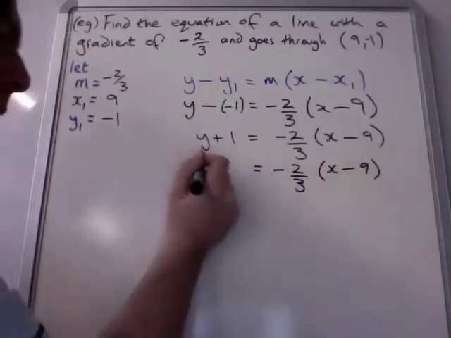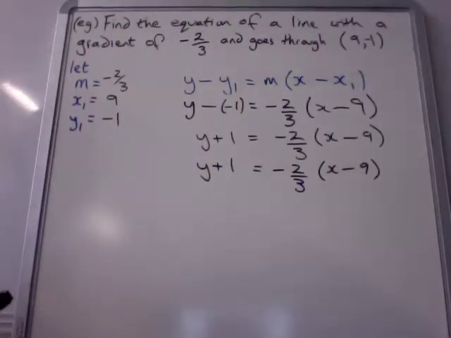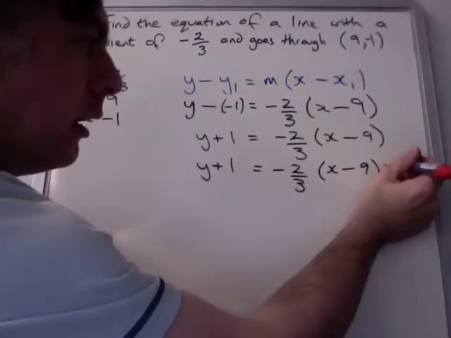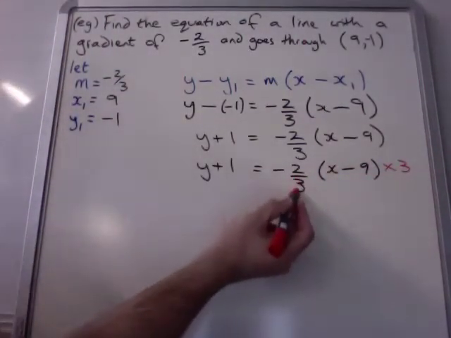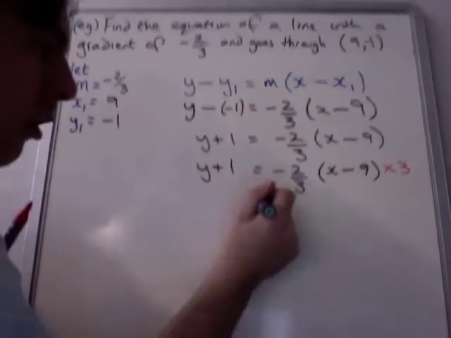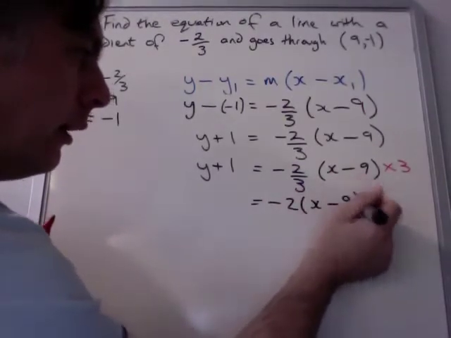I'll let you think about that until I get to here. Have you got an answer? Let's see if you're right. You would times both sides by 3. Now this 3 divides into this 3 and just becomes 1. So on the right hand side, all we're left with is minus 2 times x minus 9.